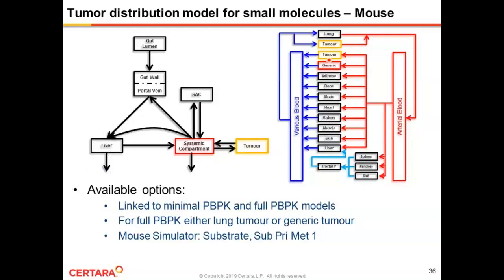Depending on the location of the tumor, the physiology of the tumor is taken into consideration. Say, for example, if the location of the tumor is along with one of these tissues, then the composition of the tumor resembles those tissues. And if it is with the blood, if it is with the lung, then it resembles the lung physiology.